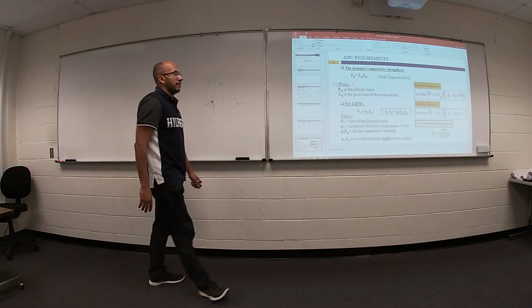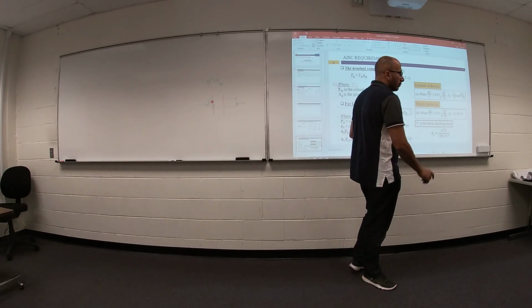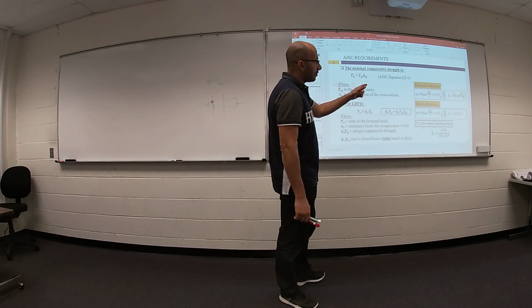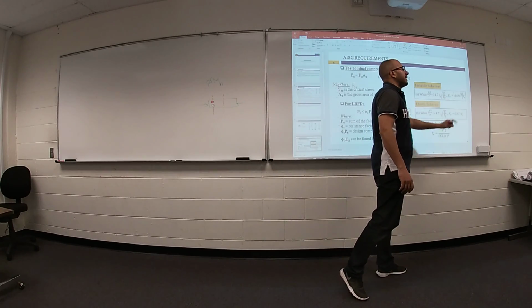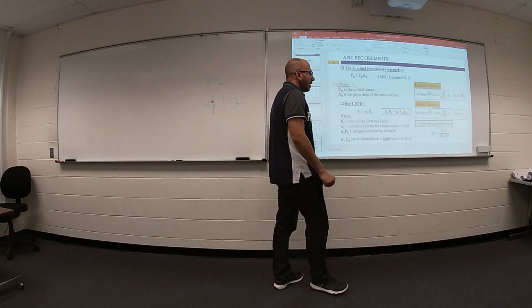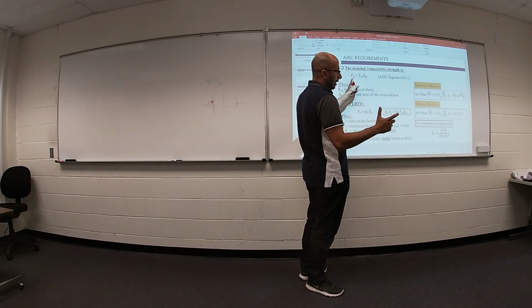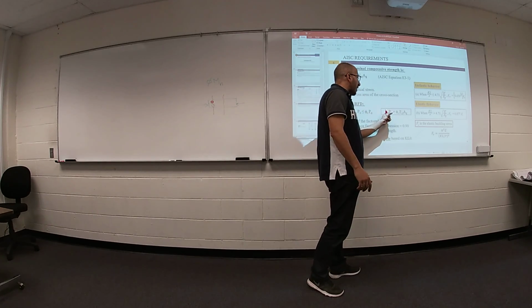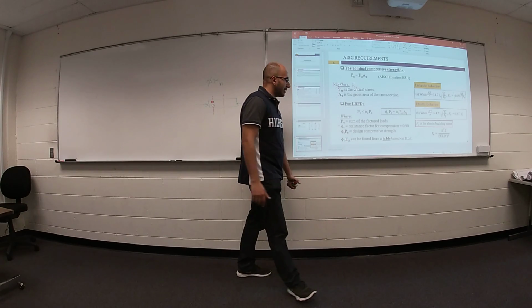We just need the value of KL over R. Enter your table with this value and you can figure out the final value for F critical. Get your F critical, multiply it by area gross, and you get your nominal axial or compressive strength. Multiply this number by phi, which is 0.9, and you get your design strength of the column.